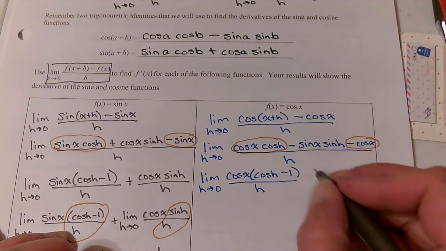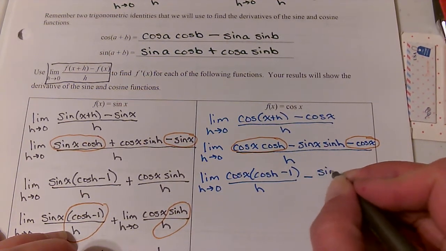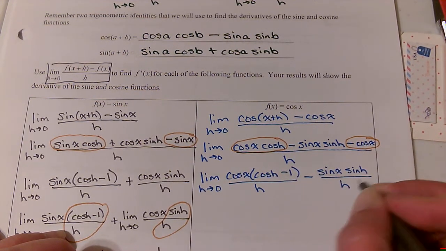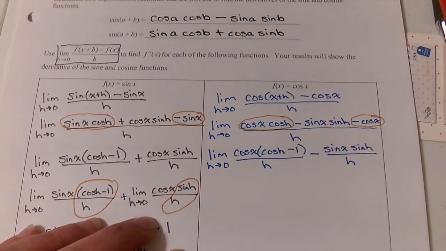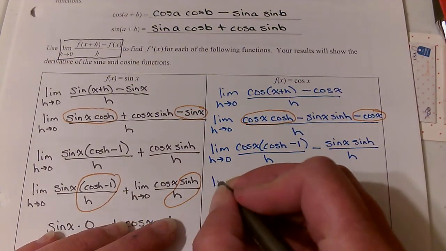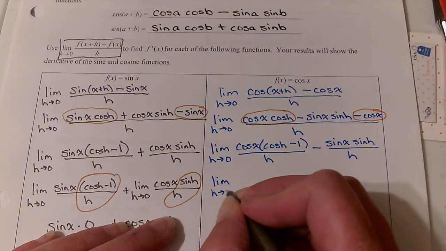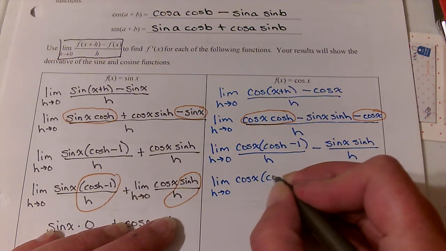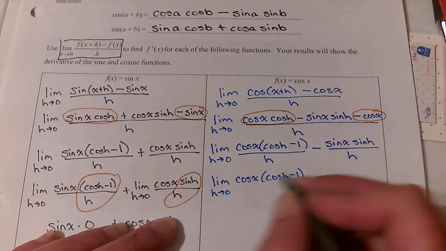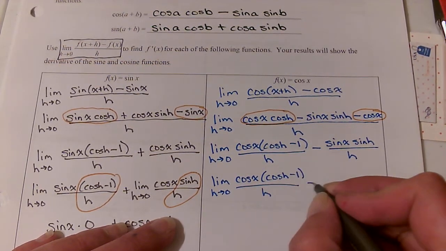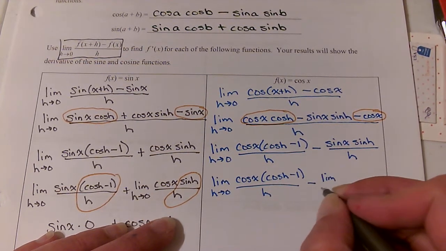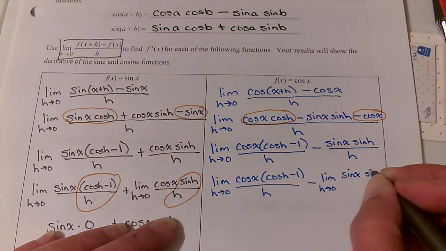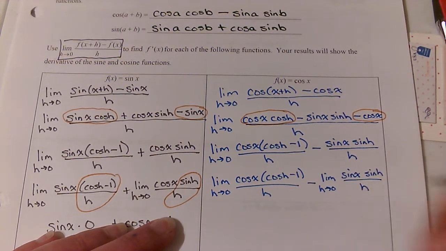And then I'll go ahead and make that another fraction, sine x sine h over h. Oh, look at that. This is going to look good. So I'm going to separate out into two limits. Minus the limit as h approaches 0 of sine x sine h over h.